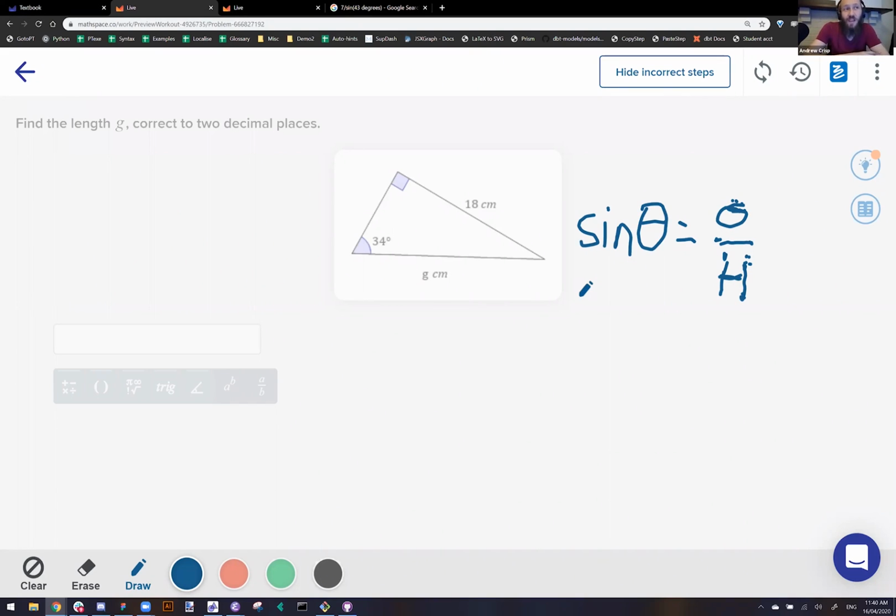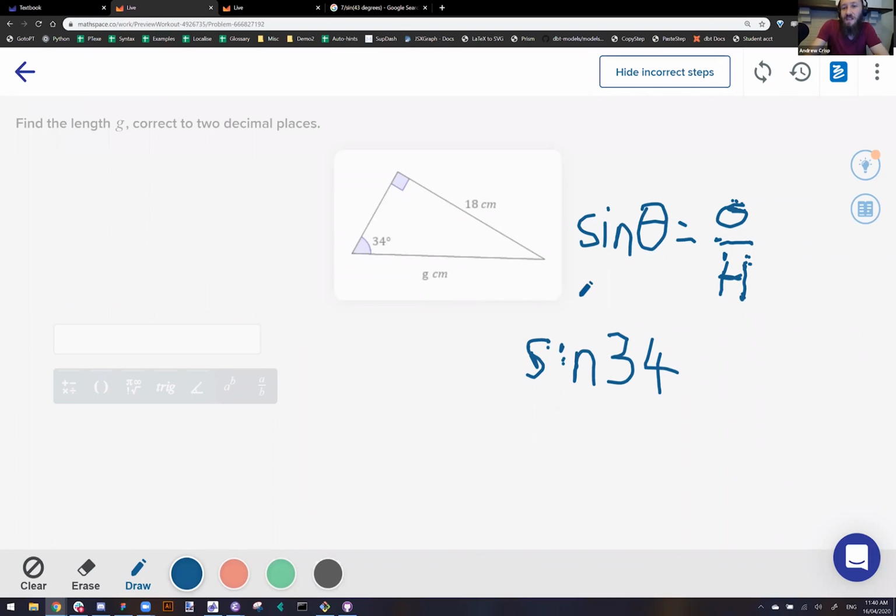And what you do is you just plug the numbers in. Let's plug the numbers in. Sine theta. What's theta? It's 34. What's the length of the opposite side?